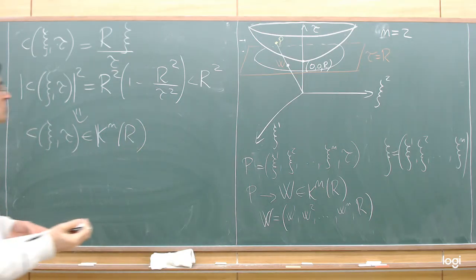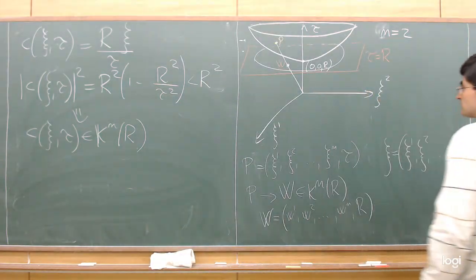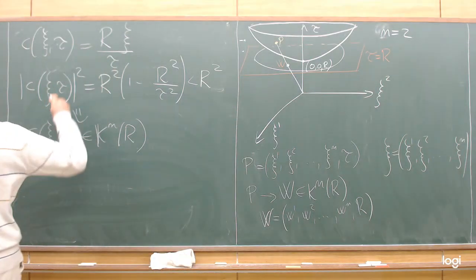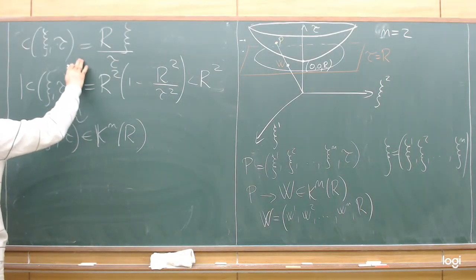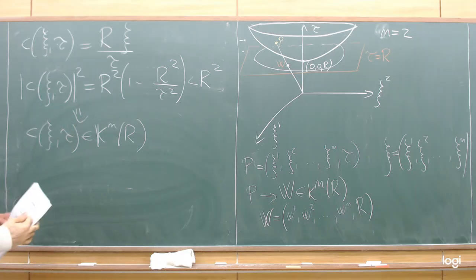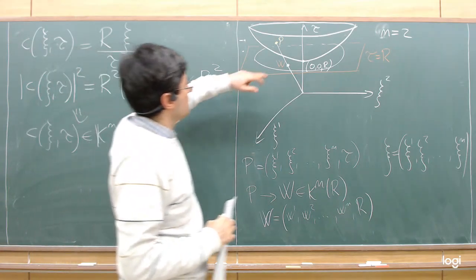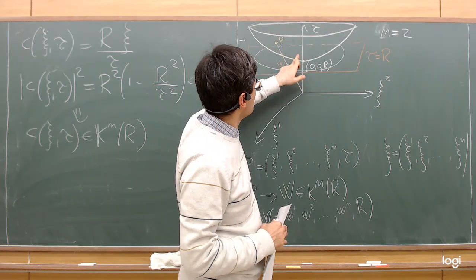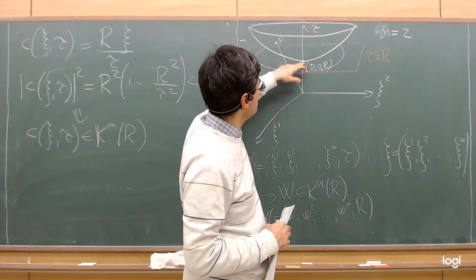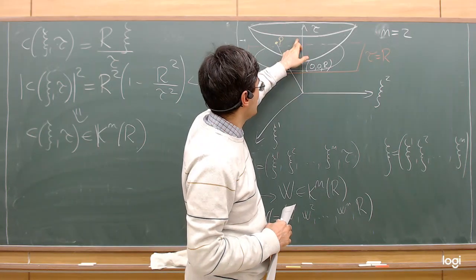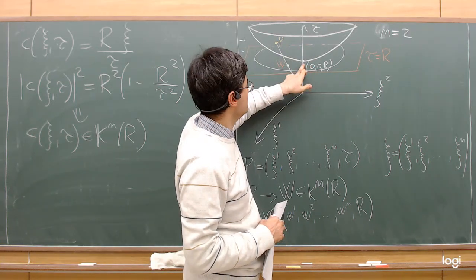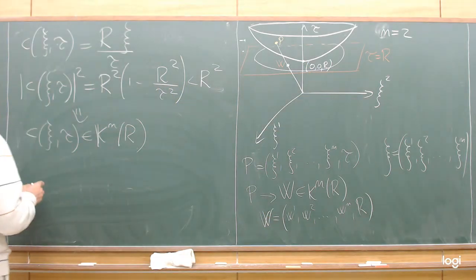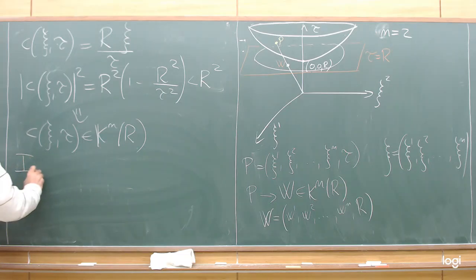We want to prove that this map is a diffeomorphism. Clearly, this is a smooth map. Tau cannot take the zero value because we are assuming that P is a point of this hyperboloid. Consequently, the values of tau are greater or equal to r. This is a point of coordinates 0, 0, r. And what is the inverse?